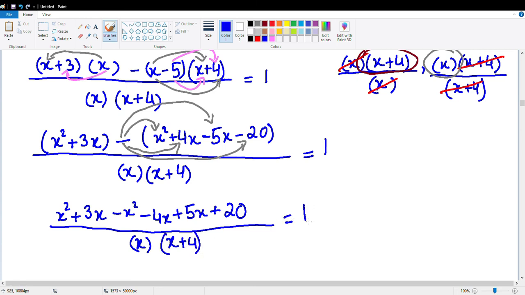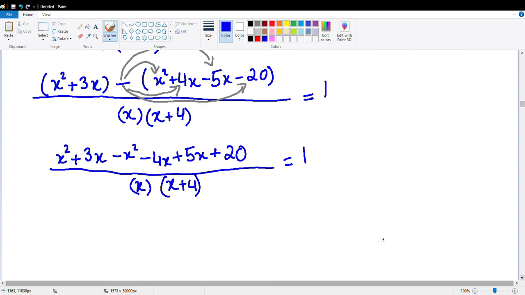So now what we need to do is first simplify this, but we're also going to get rid of the denominator. Solving this first, we can simplify x squared and minus x squared. They're just going to go away, and there's no x squared for now.